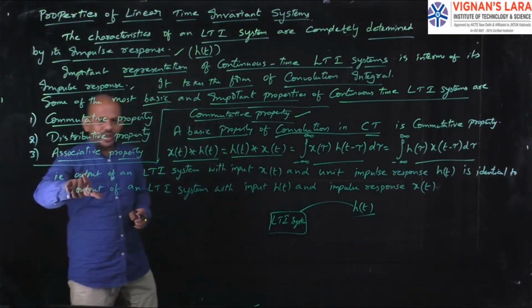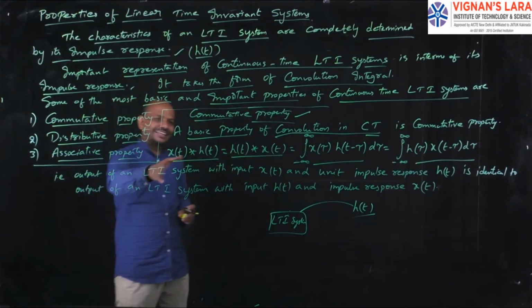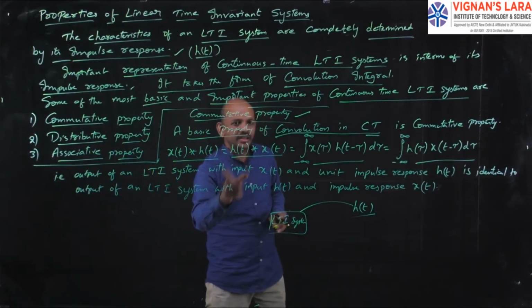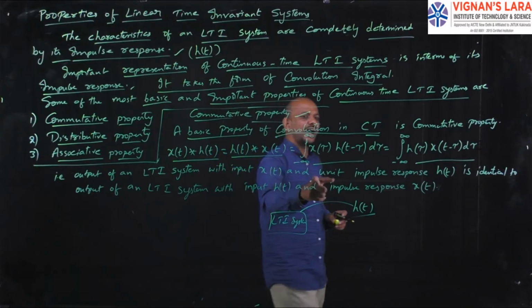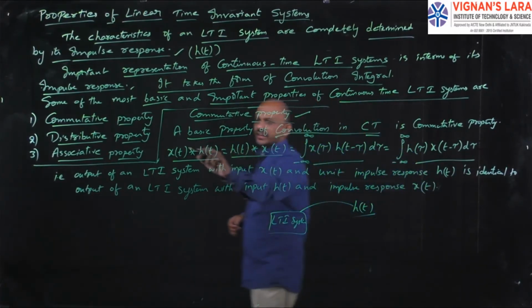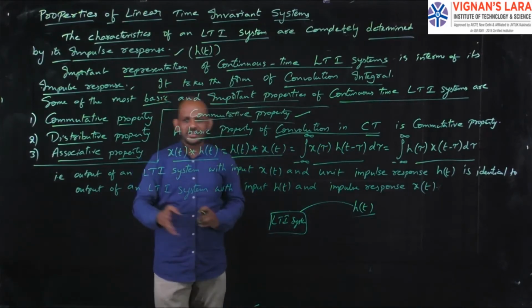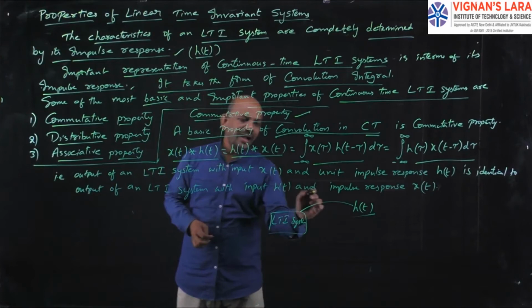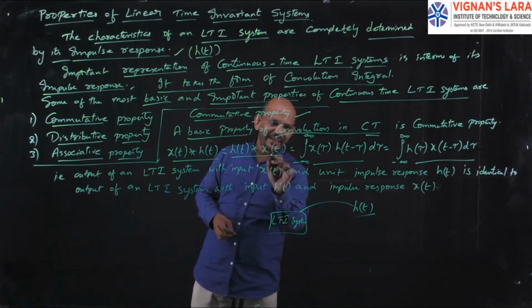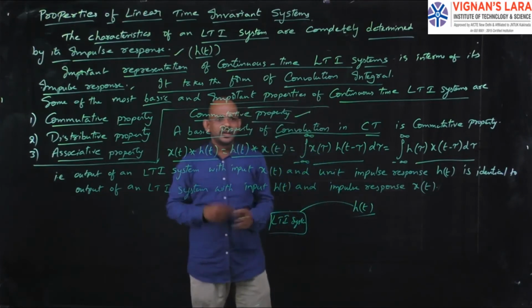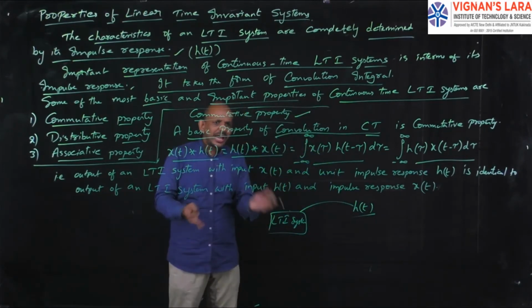Simply, the output of an LTI system with input x of t and unit impulse response h of t is x of t convolution h of t, and the output of an LTI system with input h of t and impulse response x of t is the same. Both are identical.